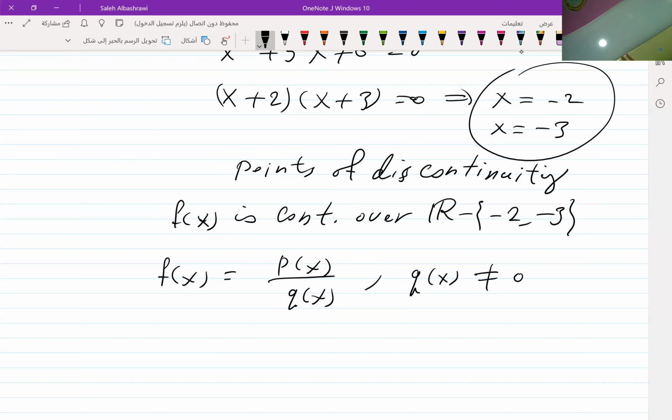So by this example, we say that the function is continuous at a given point if the three conditions are satisfied. Sometimes we need to find or discuss the continuity over an interval a to b. It is the same thing.